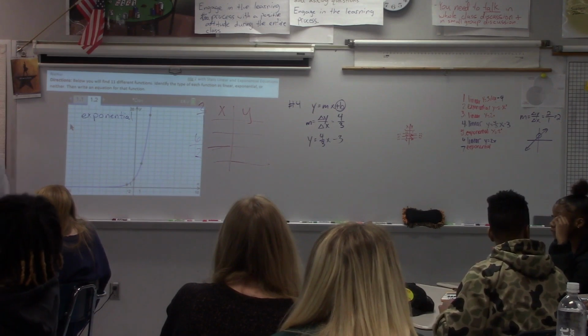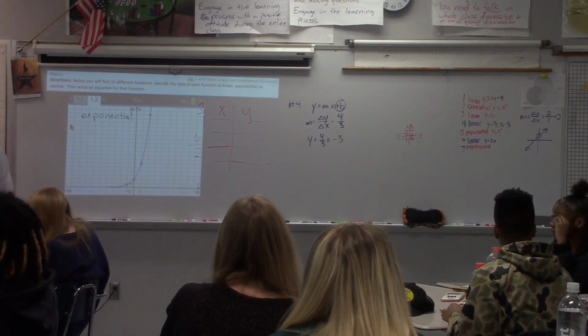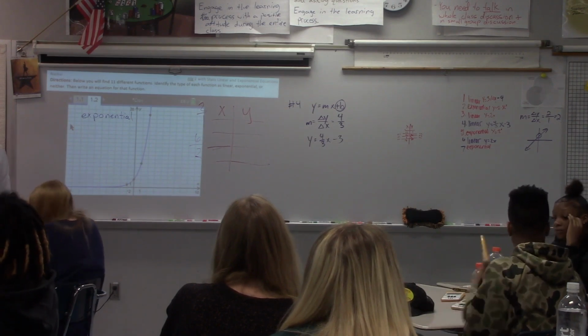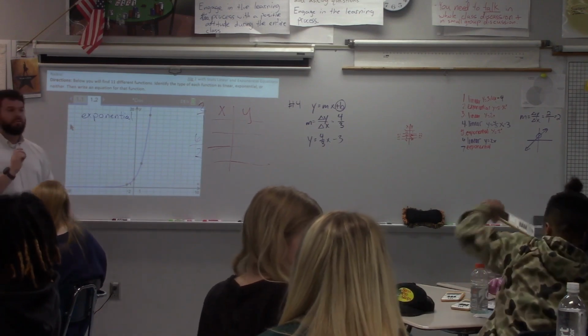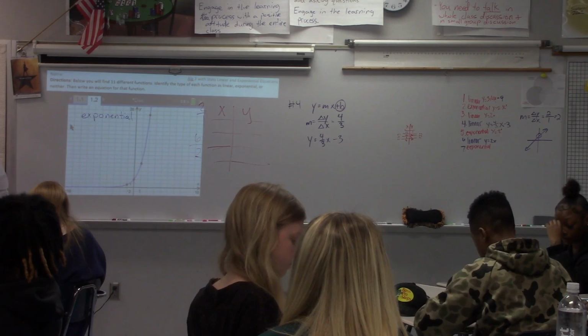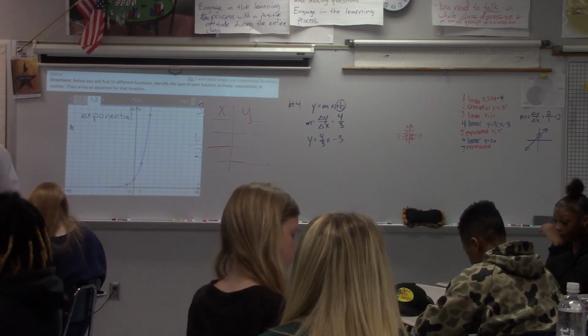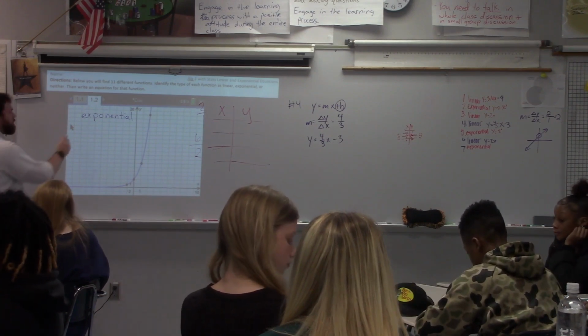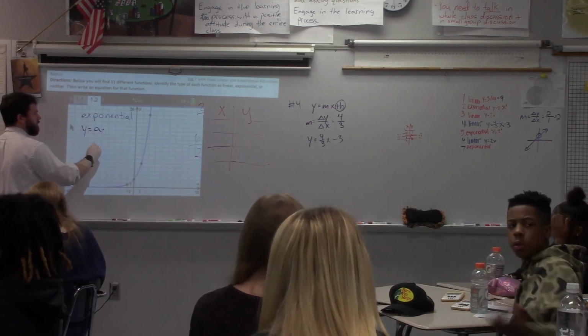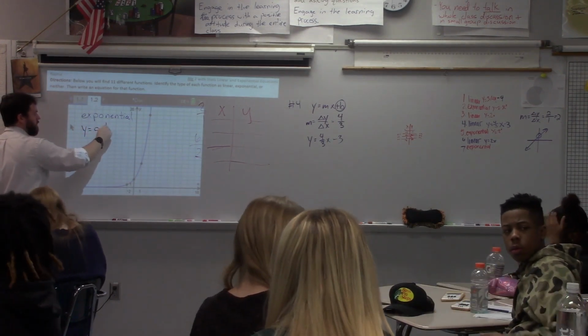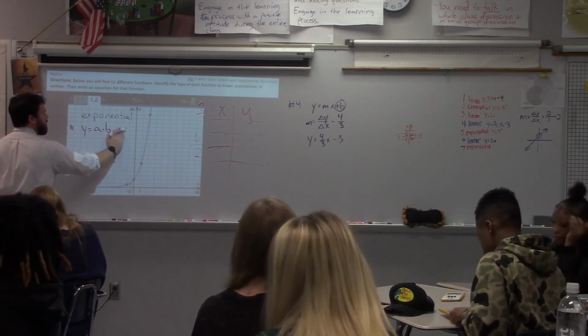As soon as I say it's exponential, if I'm trying to write the equation, what should I write down? This shouldn't even have to be a second thought, we should immediately write this down. I'm trying to write the equation for an exponential function: y equals a times b to the x. Raise the x.